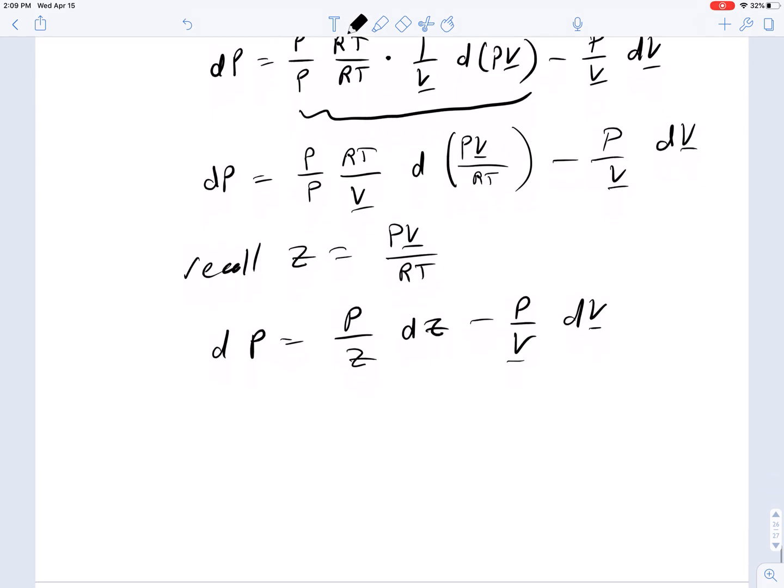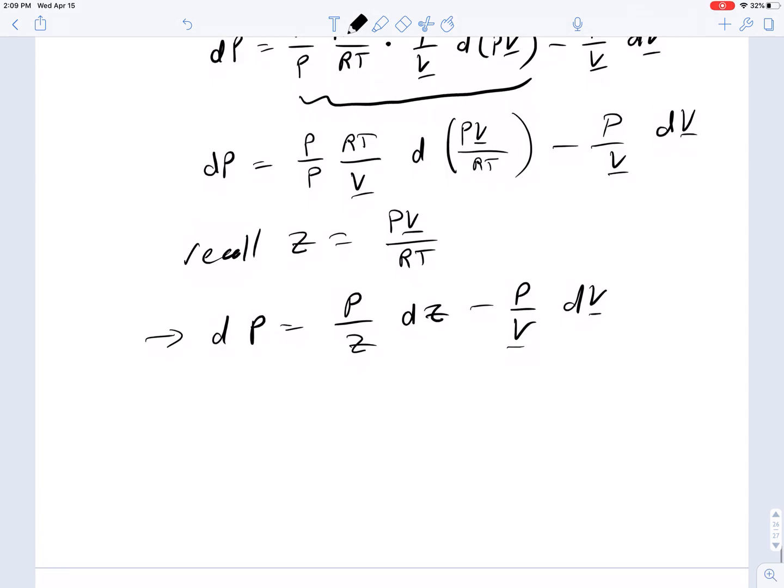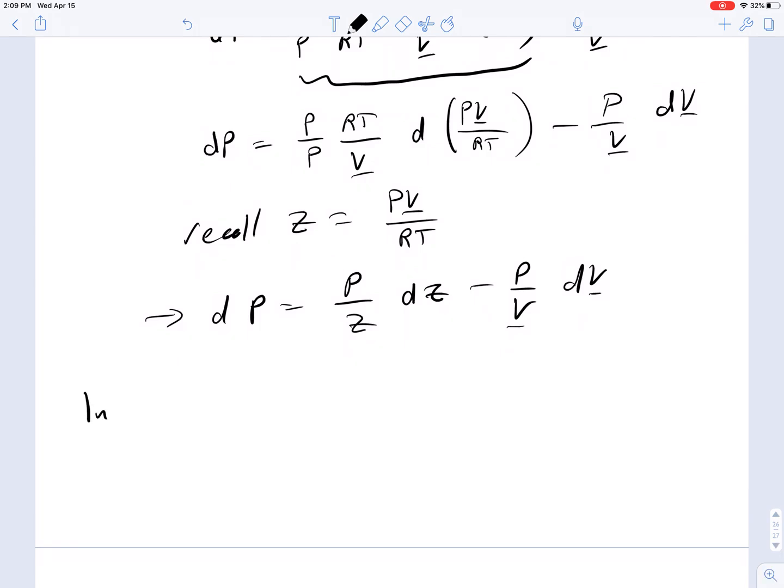If you make the substitution and put this all back into our dP term in the integral equation, we have log of the fugacity coefficient is now equal to 1 over RT times the integral from pressure equals 0, which is now a corresponding point of volume equals infinity.